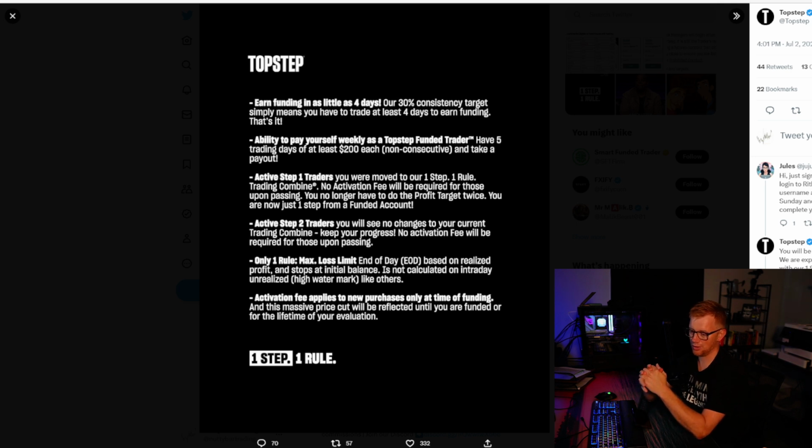For example, if the first day you make $2,000, or maybe you don't have a profit target set and you walk away from your desk and you come back and, oh wow, look at that, the market went up XYZ and now you have $2,000 in profit that first day.